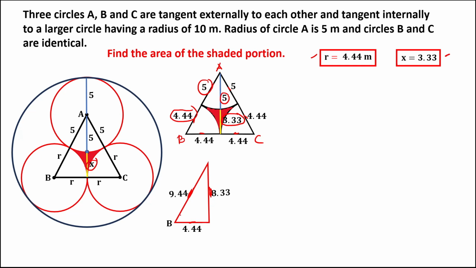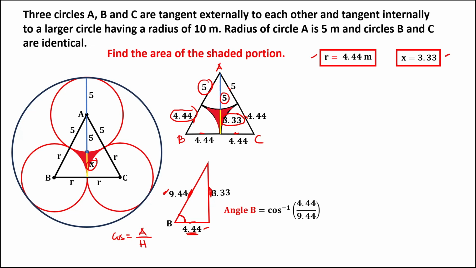First, we need to find the angle for B. To solve for angle B, we can use the sine function or the cosine function. Using the cosine function, angle B equals the inverse cosine of 4.44 over 9.44, because cosine is equal to the adjacent over the hypotenuse, and this is the adjacent and this one is the hypotenuse.